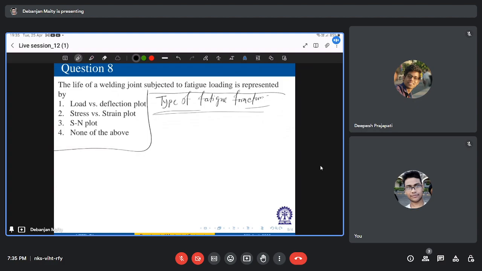So here for the S-N curve, S is your nominal max stress to which the material is subjected, and N is basically your number of cycles. What we mainly see is that this will go on asymptotically, right?